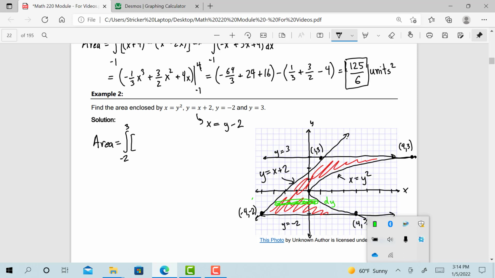And then we're going to take our right function, which is y squared, x equals y squared, minus our left function, which was y equals x plus 2, but we solved that for x, which gave us x equals y minus 2. And that's the integral that's going to give us our answer.